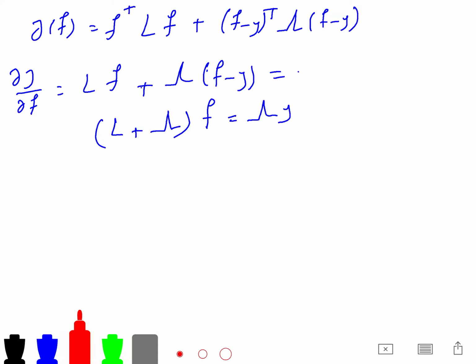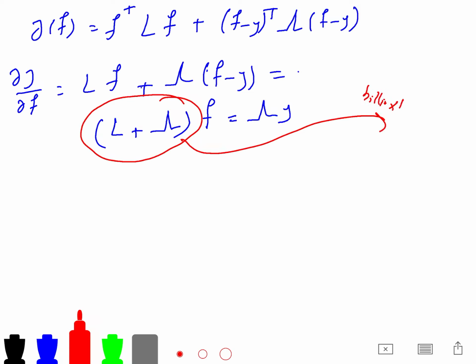Can you imagine that? It's not practical, because you should be realistic about your algorithm, and this is now a billion by billion matrix.